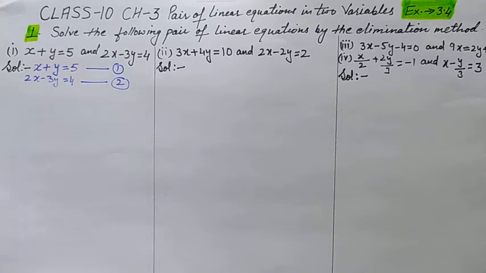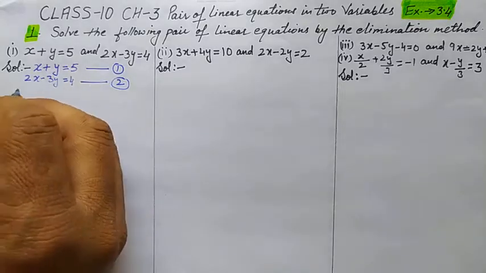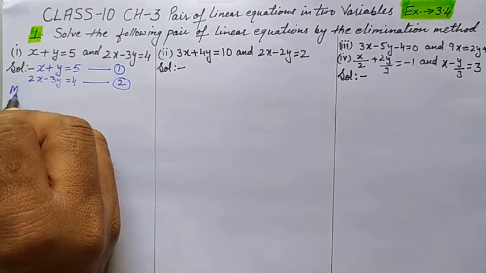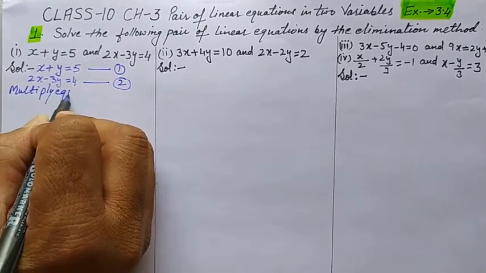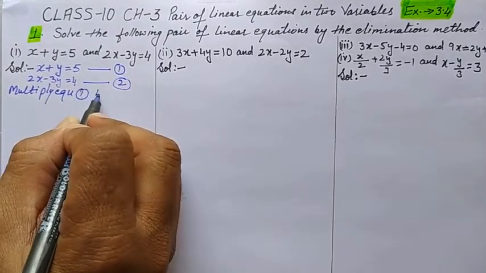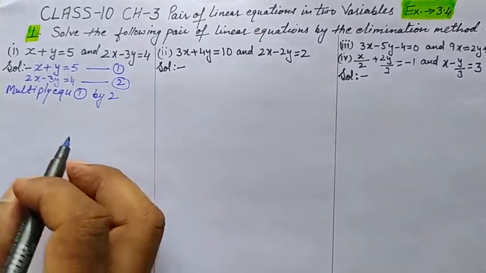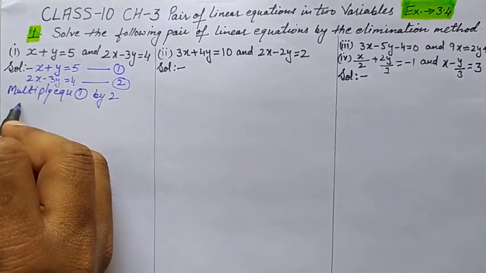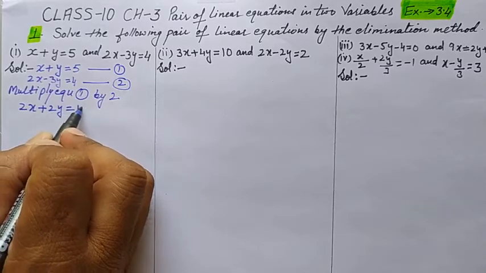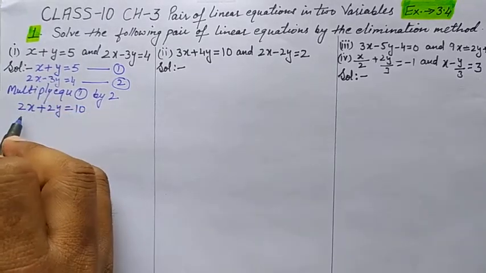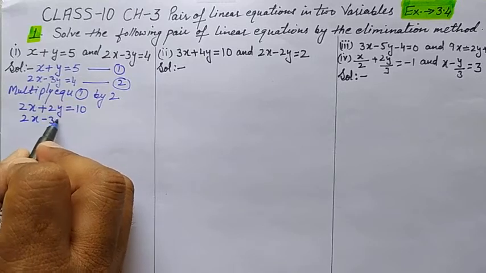So let's do it by multiplying equation 1 by 2. I'll write: multiply equation 1 by 2. So it will now be 2x plus 2y is equal to 10, and the second equation you write as it is.